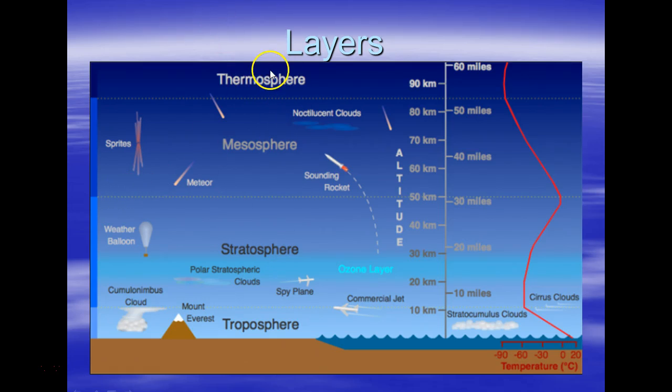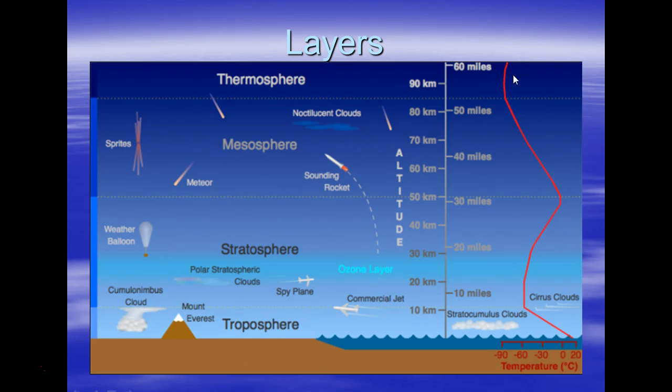Okay, so the next layer we have is the thermosphere, and this is the upper layer of the atmosphere. We're at now like 80 kilometers above the surface. So this is kind of an interesting layer because the air temperature stops decreasing here, as you can see, and it starts to warm up, which might be counterintuitive. So why is it doing that?